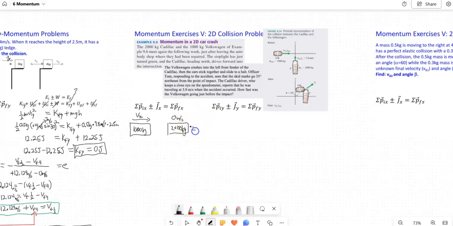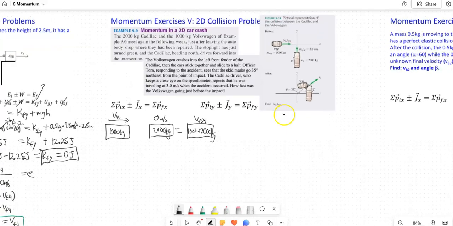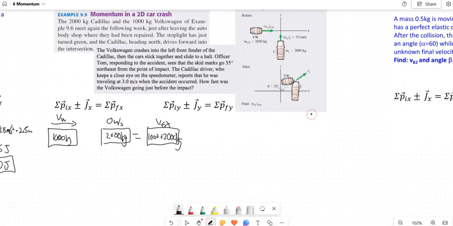Now, after the impact, both objects are going to be stuck together, and that's going to be 1,000 plus 2,000 kilograms, traveling at some velocity in the x direction. Okay? Which we're going to have to figure out. Okay? We'll develop that velocity in the x direction based off of this vector description.